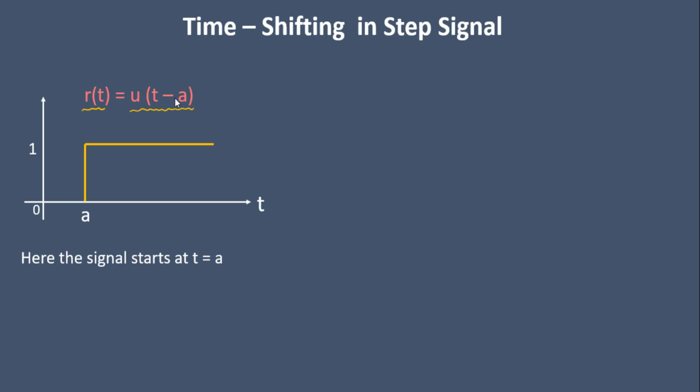So u of t minus a is a delayed version of the basic signal u of t. This is the delayed signal as compared to u of t. For u of t minus a, the signal starts at t equals a.